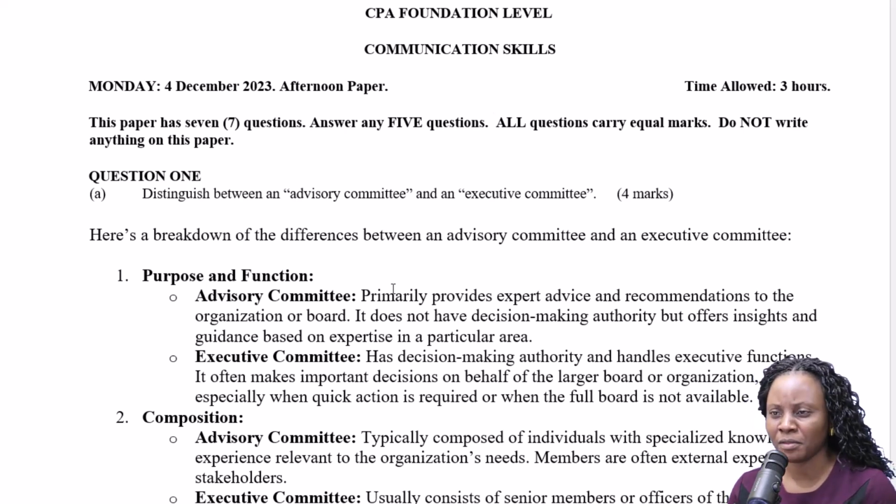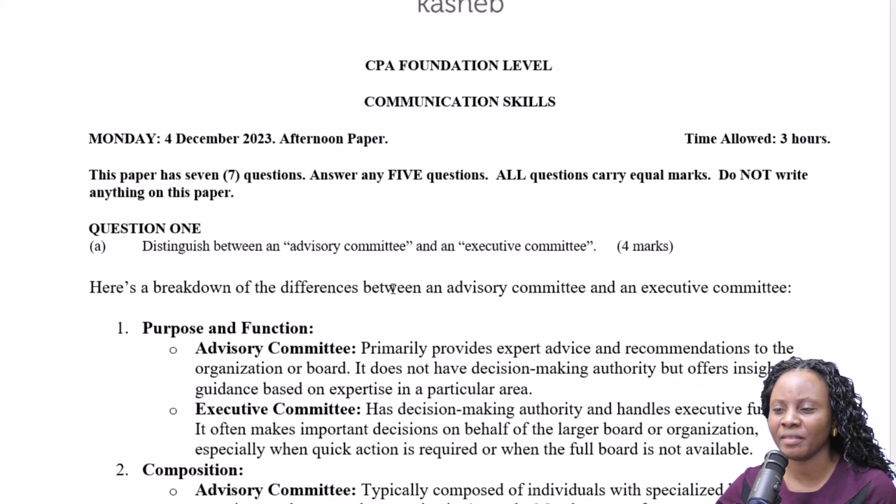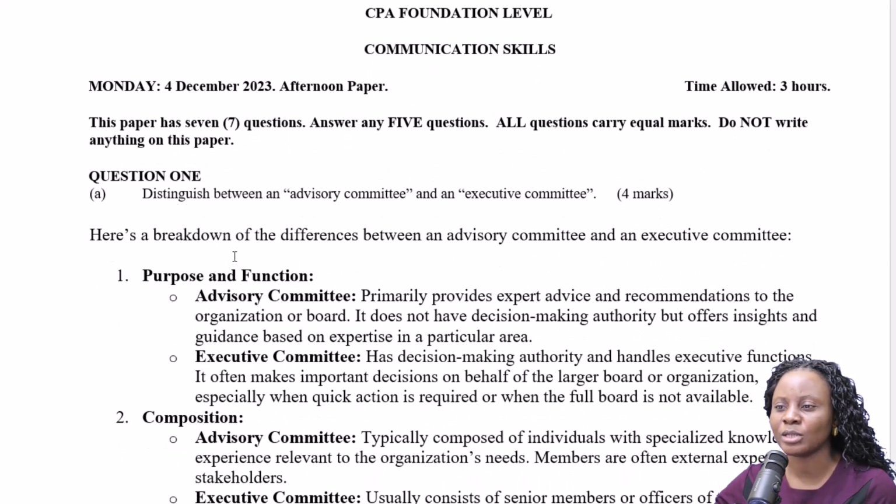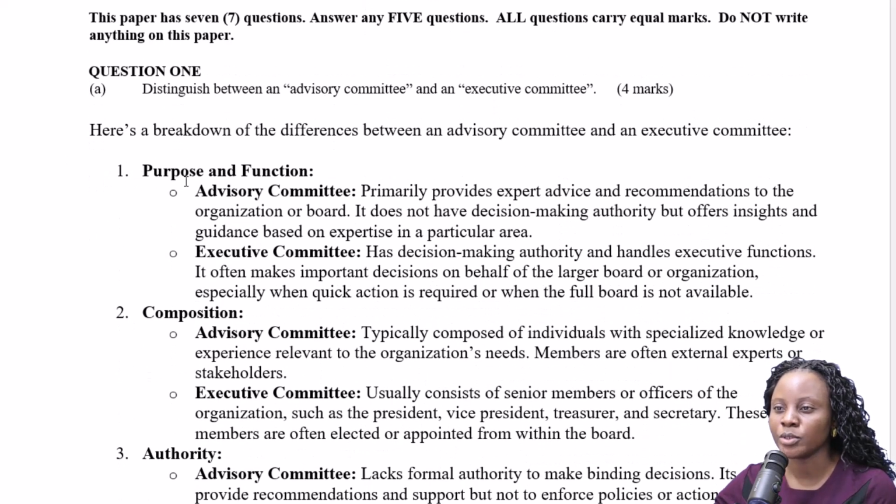So we want to look at some of the variables we can use to distinguish between these two types of committee. Number one, purpose and function. What's the purpose of an advisory committee, and how is it different from the purpose of an executive committee? An advisory committee provides expert advice and recommendations to the organization or board.